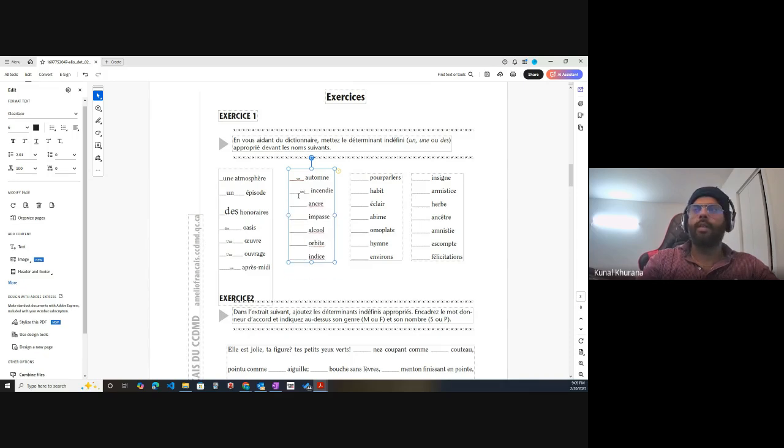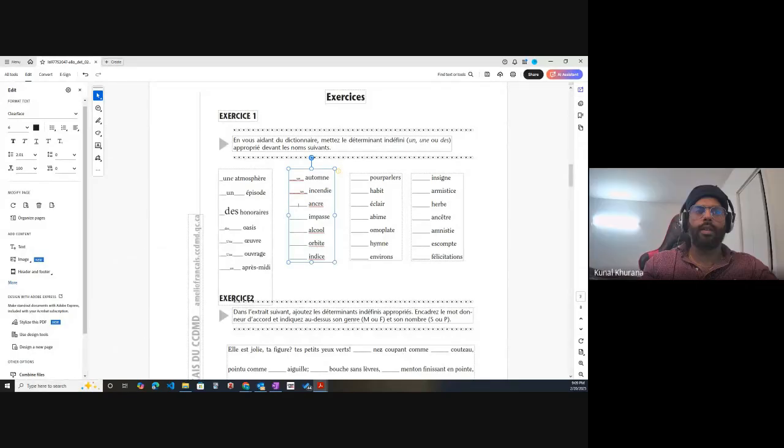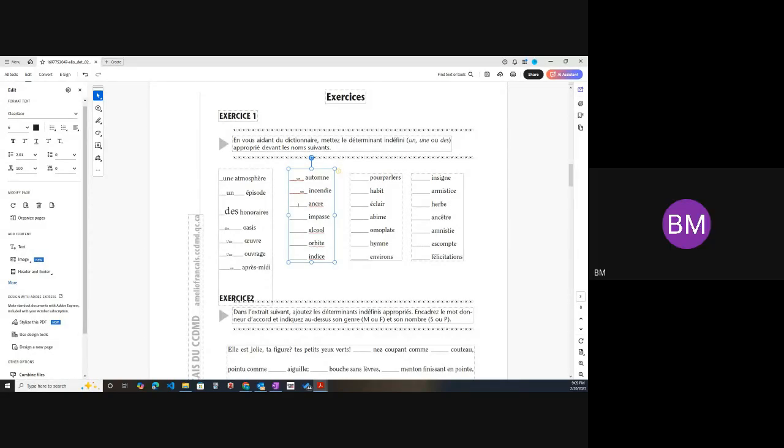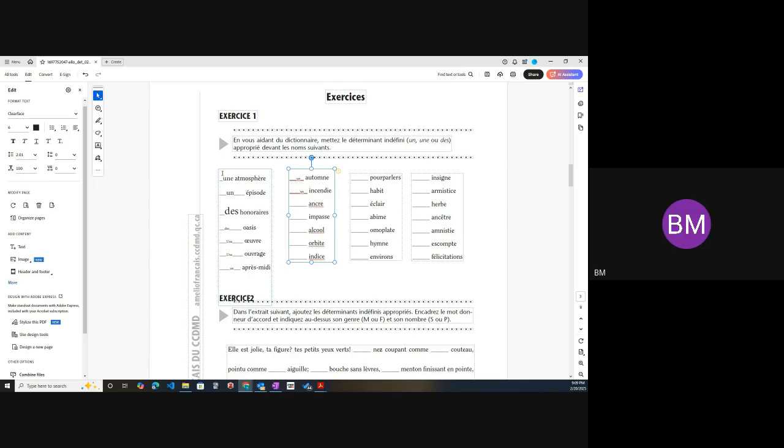It's mostly masculine. Starts with a vowel, right? Vowel, yes. But since we are doing indefinite here, it could be un.